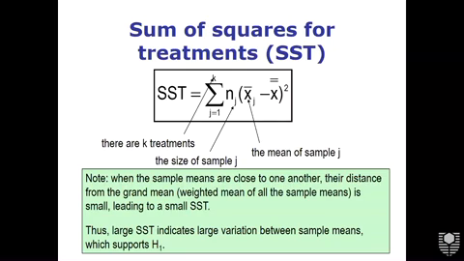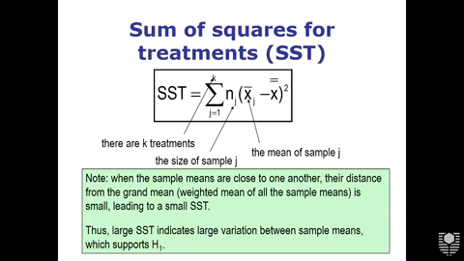That means you don't need to remember this formula, because you're going to have a lot of formulas. So no need to remember the SST, which is the sum of squares treatment. Why are we going to see it? Because we want to see the difference between the sample means of the treatments.